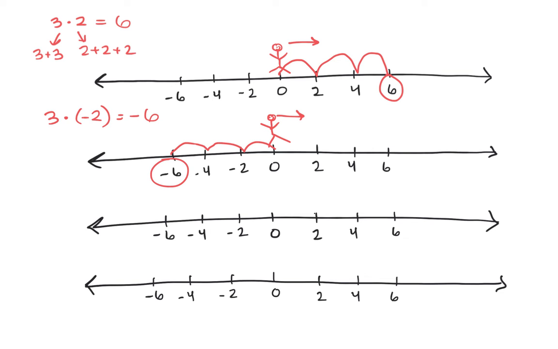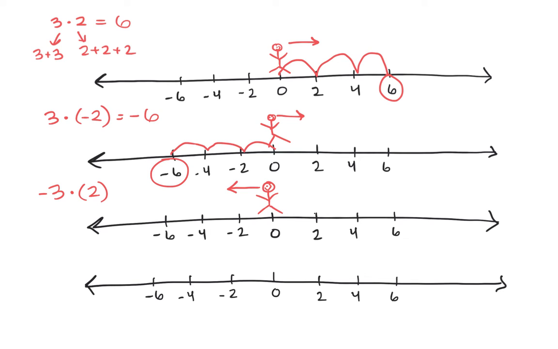Well, the other way we could think about this is if the 3 was negative, but the 2 was positive. Really, we could have this guy face the other direction, because if one thing is negative, he's facing this direction, which would be the negative direction.